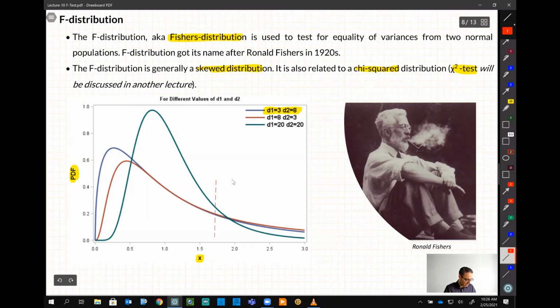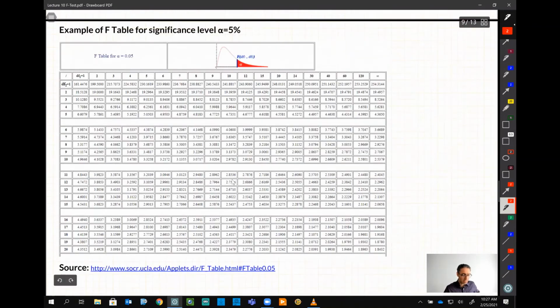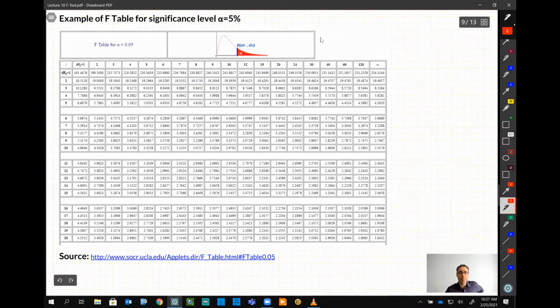But anyway, the area depends on the alpha that we are testing. For a certain alpha, this area is the alpha, and we need to calculate F alpha. Luckily, people tabulated this, and it is available on the internet at this link.